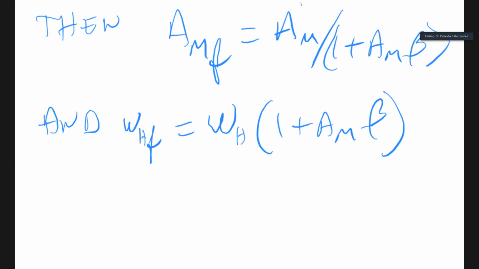So we have essentially, for the closed loop system, extended the bandwidth.